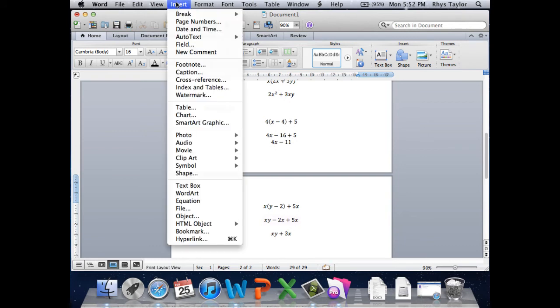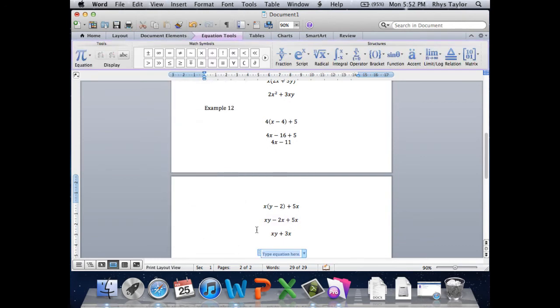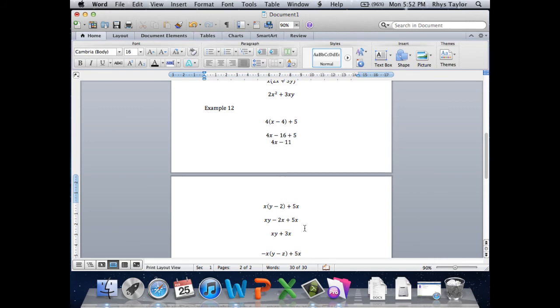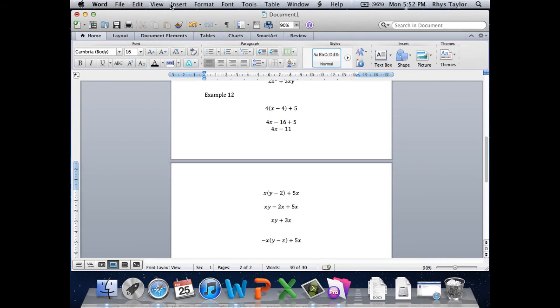Alright, next one down. Zooming through. Negative x(y take z) plus 5x. A little bit of a tricky one, but not so bad.